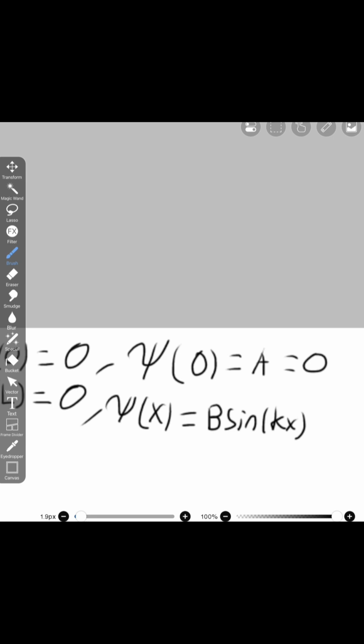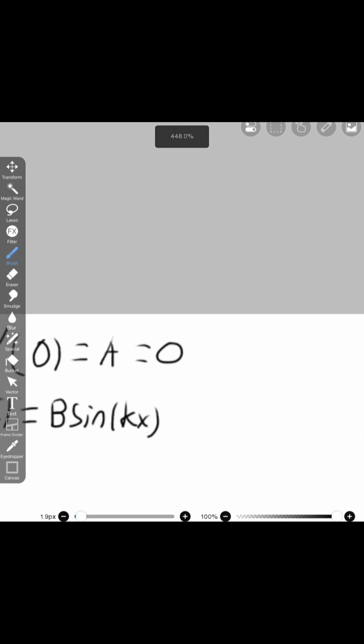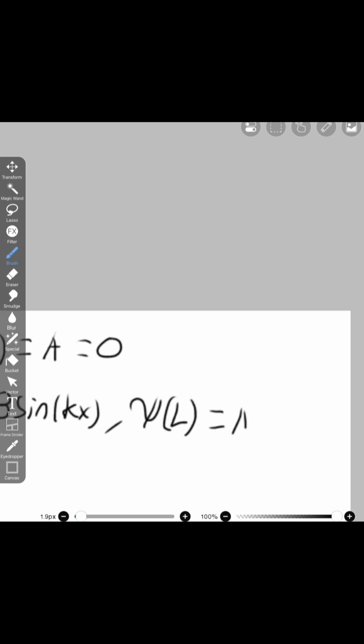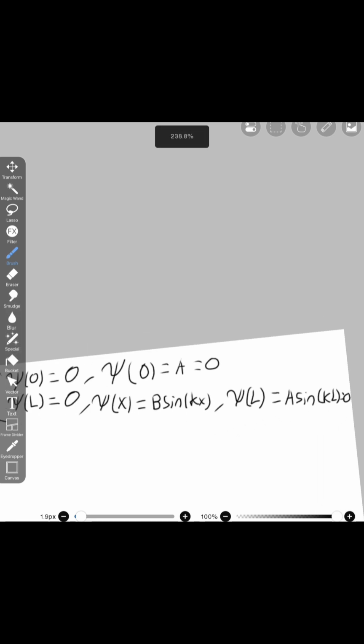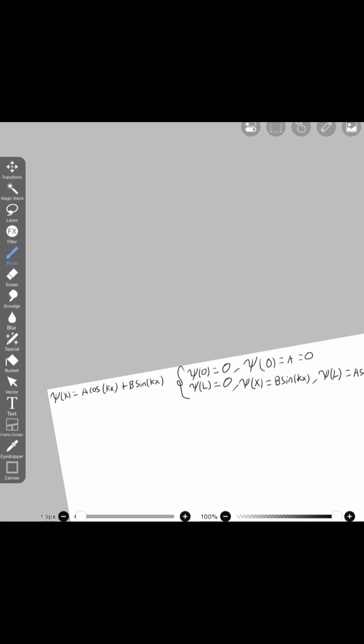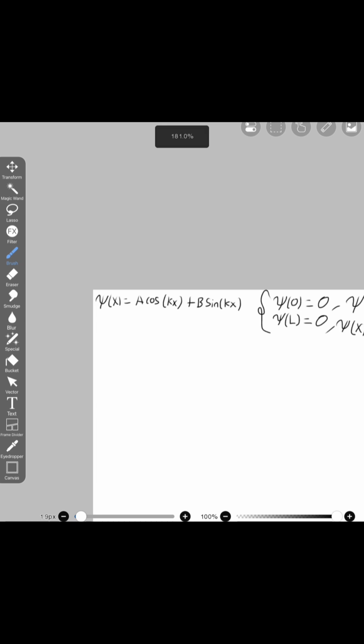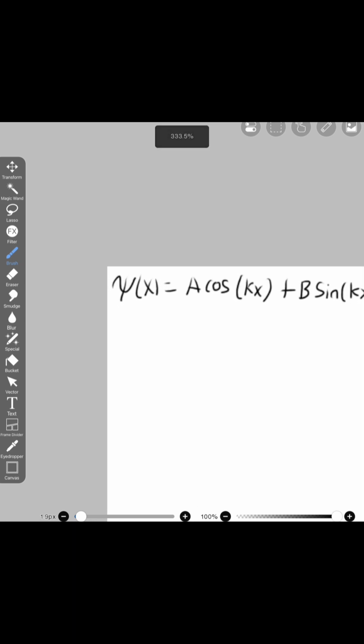Because now next we will evaluate x becoming L, psi of L. And we did mention that b sine of kL must equal 0. So to avoid a trivial solution, where b is equal to 0, because that means there is no electron, the sine function itself must be 0.